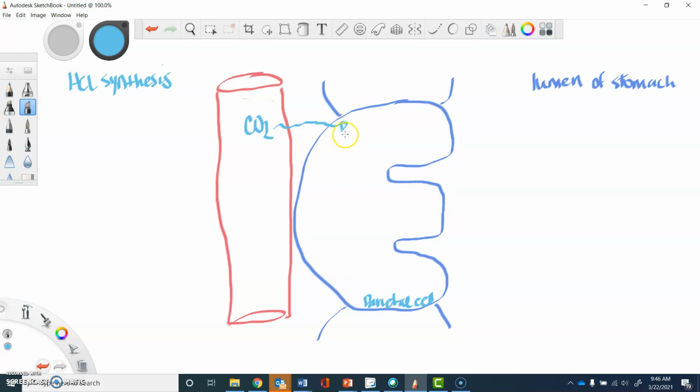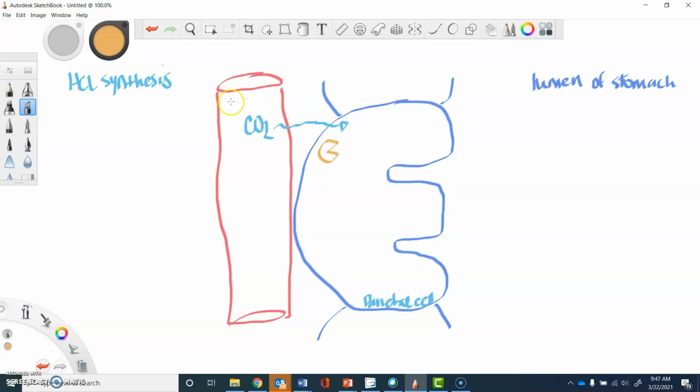So once we get carbon dioxide in here, we have a friend in here that is an enzyme, and that enzyme is called carbonic anhydrase.